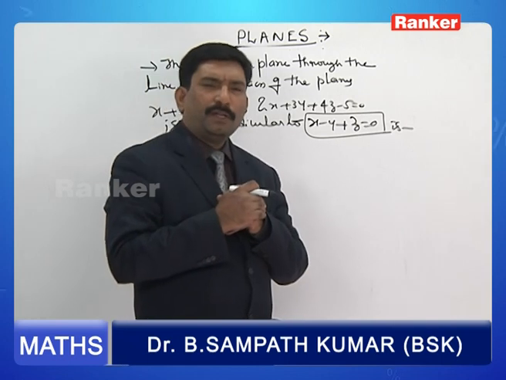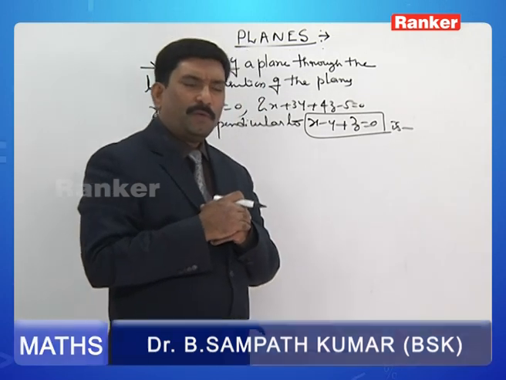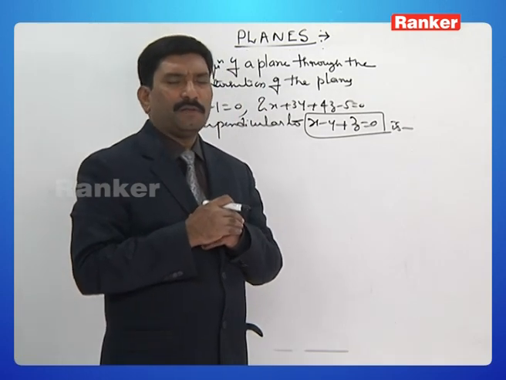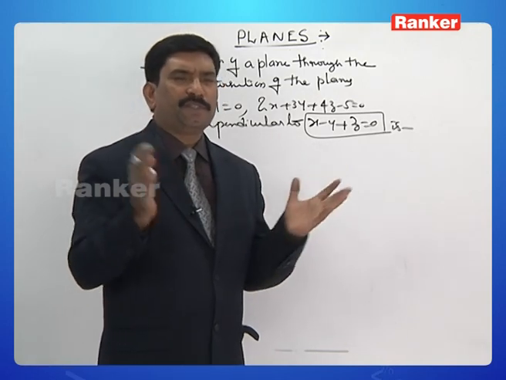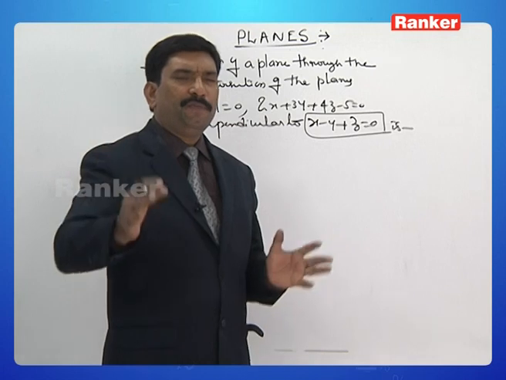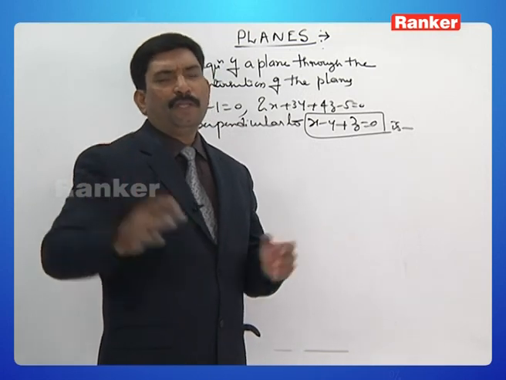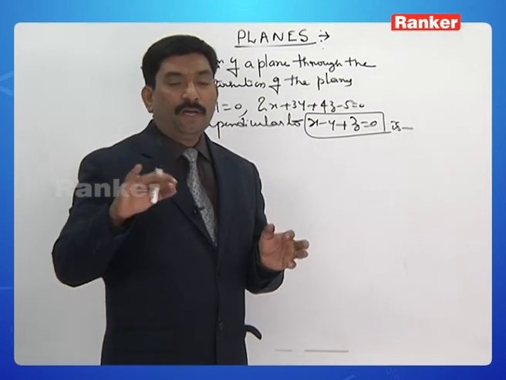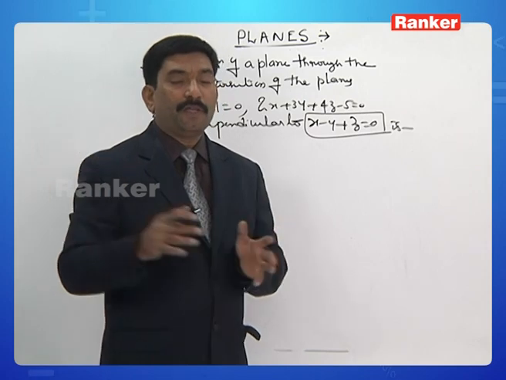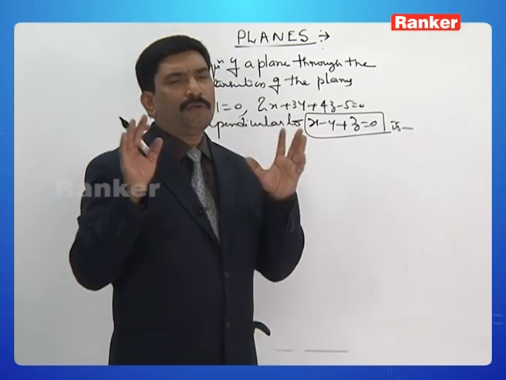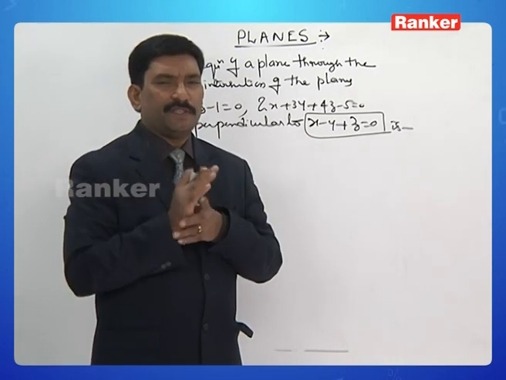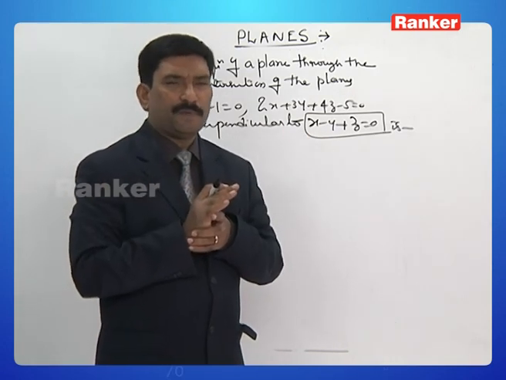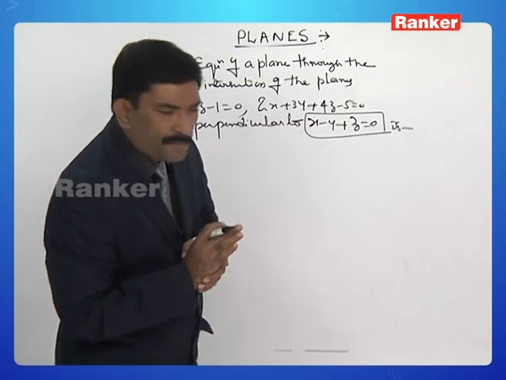So now I can write, when two planes are perpendicular to each other, a1 a2 plus b1 b2 plus c1 c2 is equal to 0. It all depends on how you define the vectors, a bar as a1 b1 c1 and b bar as a2 b2 c2; you can also change this. Under any convention, the condition is a1 a2 plus b1 b2 plus c1 c2 is equal to 0.